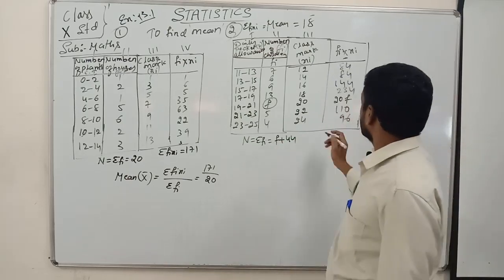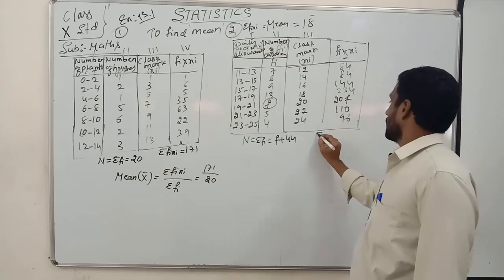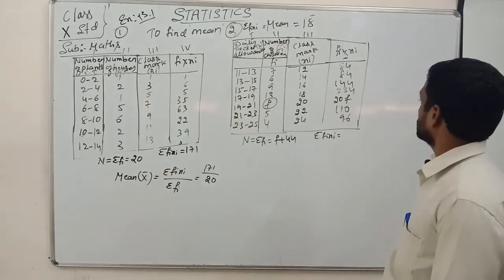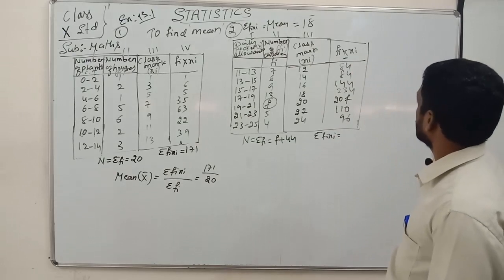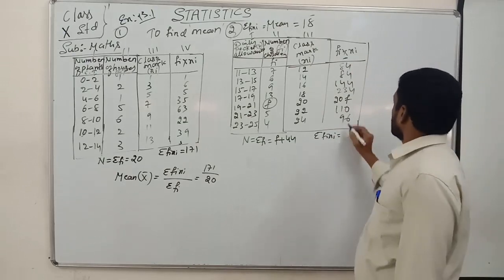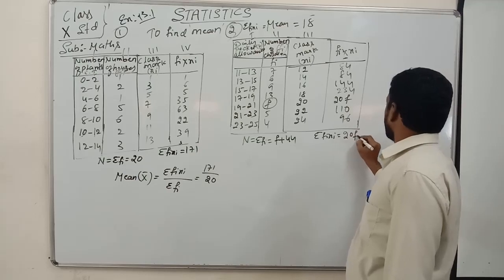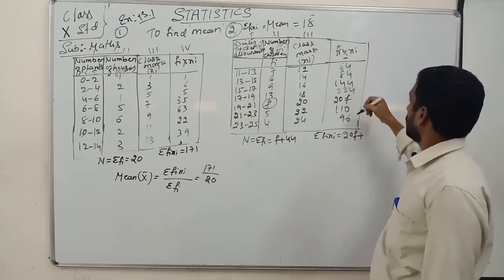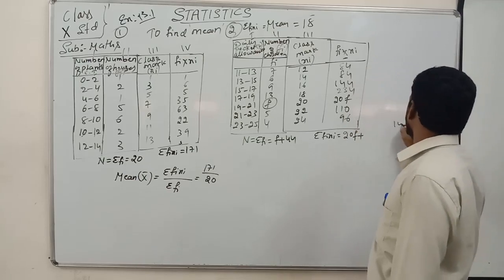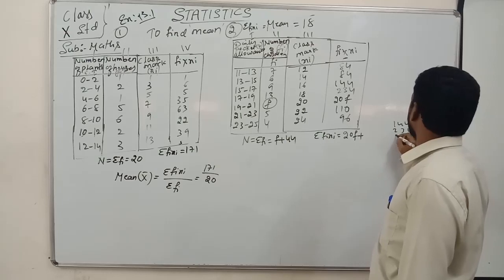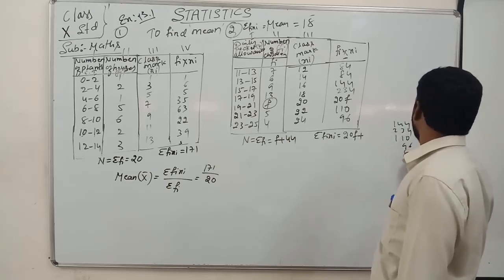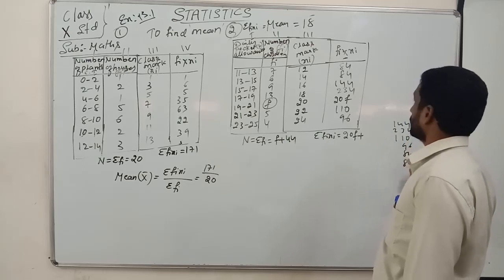Now next, this sigma fi xi, add it here. How much are you getting here? This is 20f plus, next, sir, all of these we add here. How much are we getting? 84, 144, 234, 110, 196, so 184.